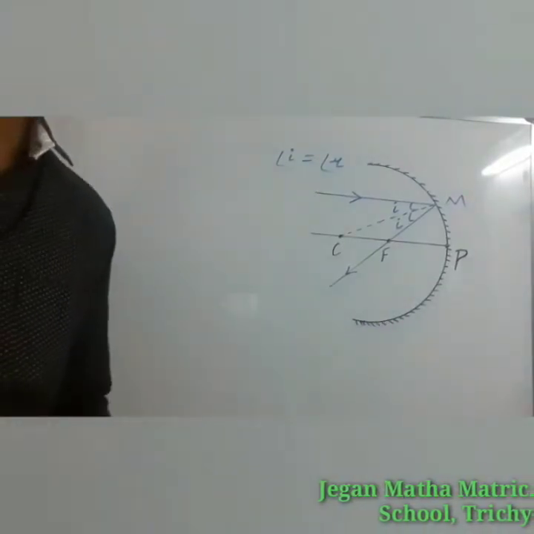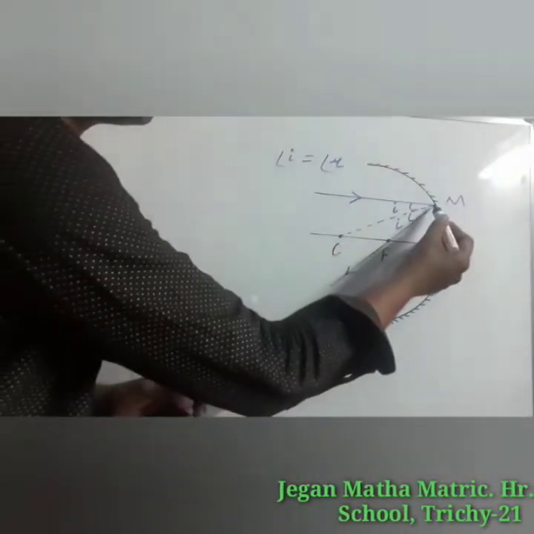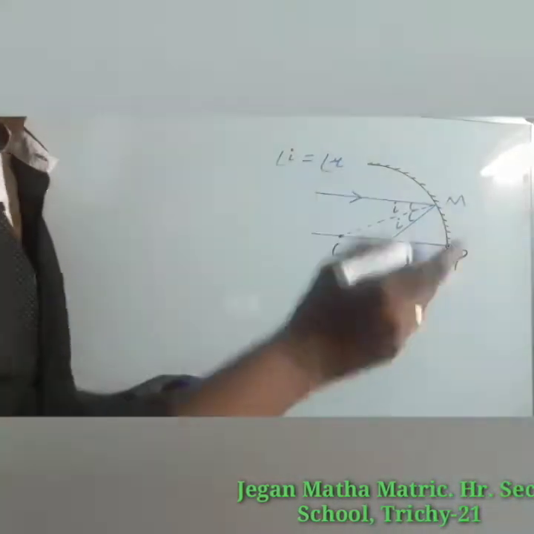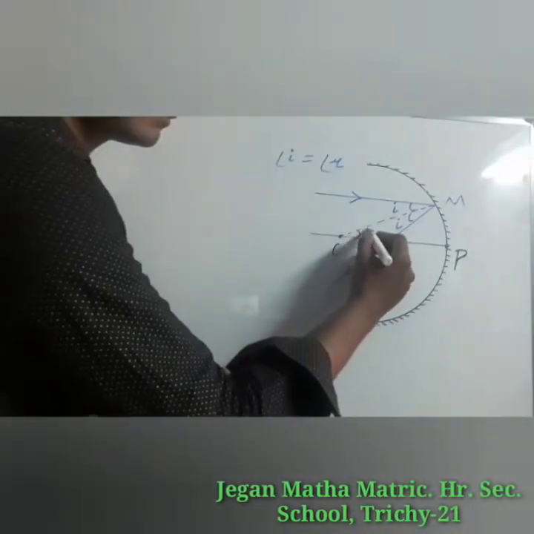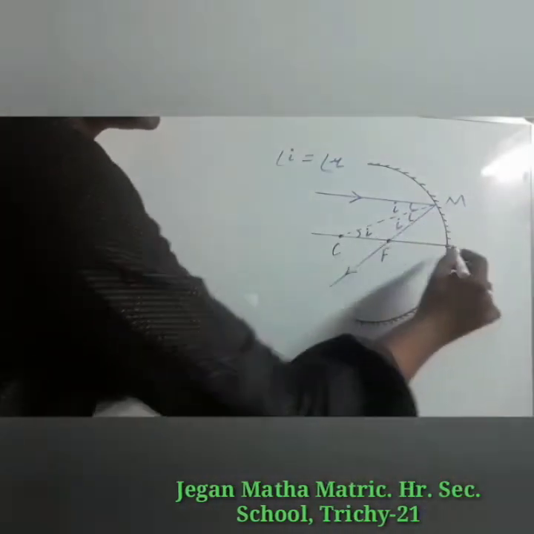Now we can write the angle MCP. What is the value of angle MCP? That is nothing but I, because here you can see the Z shape.